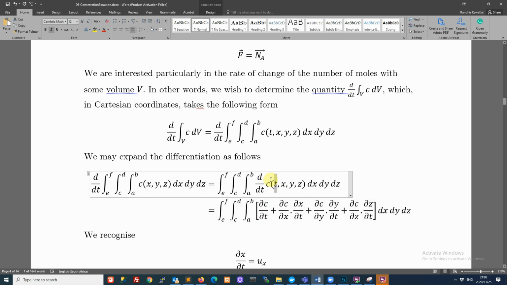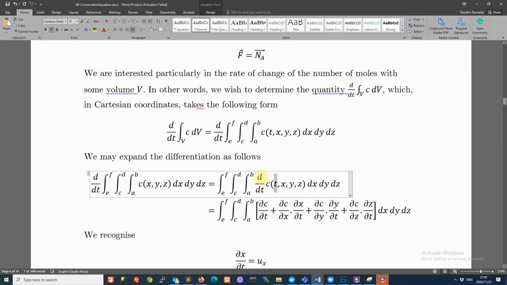And then if we differentiate, the concentration may also be changing with time due to flow in a particular direction. In other words, if we are talking about this in the Lagrange sense, where an object might be moving in time, then we possibly have dx/dt.